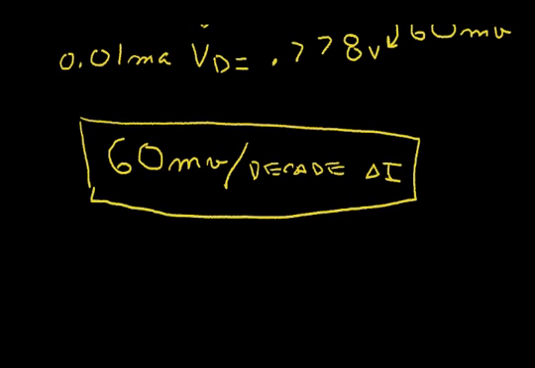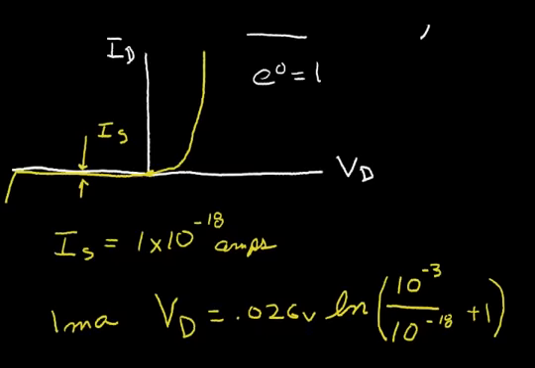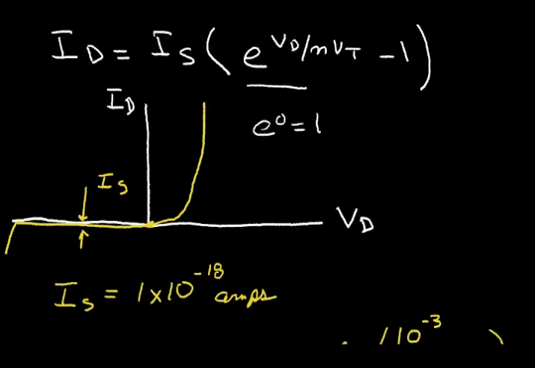Now there's another rule of thumb. Let's go back to the diode curve. As the diode temperature increases, this curve, the diode drop, will decrease. And as the temperature increases, actually the saturation current will increase, so it'll become more negative. Now there's a rule of thumb about the voltage drop at a particular current across the diode.